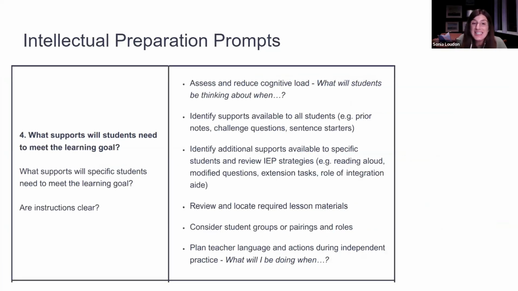And then thinking about additional supports or what else students might need to be able to meet the learning goal. So one way of thinking about this is if you've got a really high quality resource, lesson slides, worksheet, then that should have embedded within it lots of additional supports for specific learners in your class.